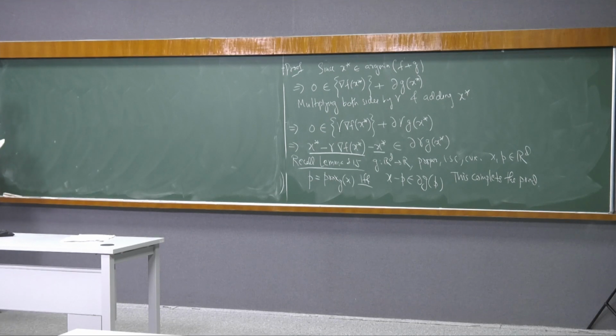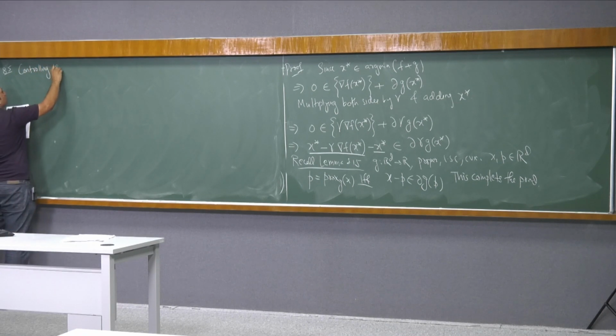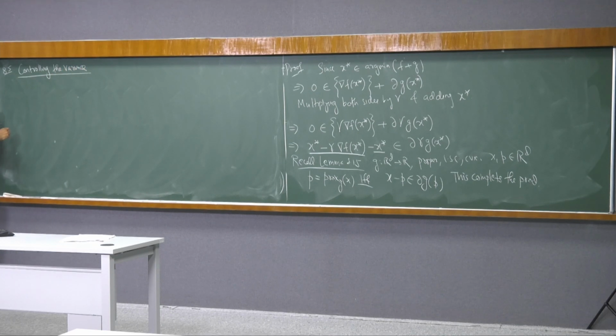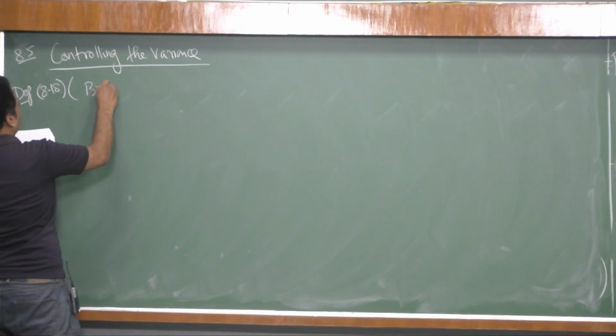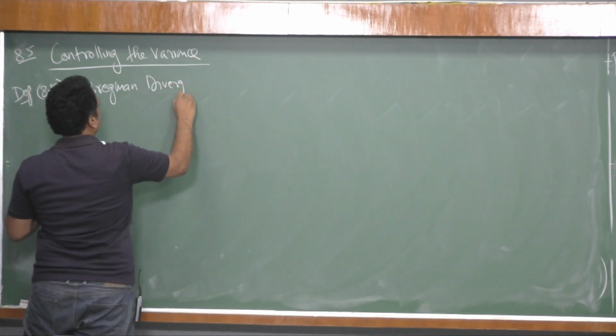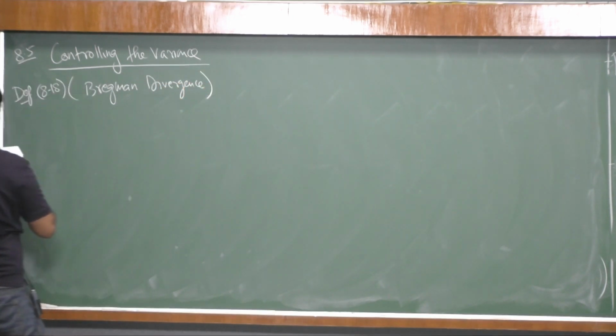And we will define something called Bregman divergence. This is section 8.5, controlling the variance. And this is definition 8.18, Bregman divergence, and it is defined as follows.